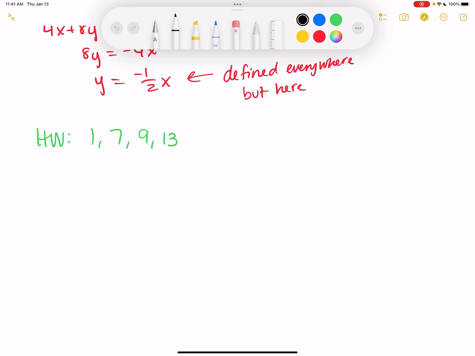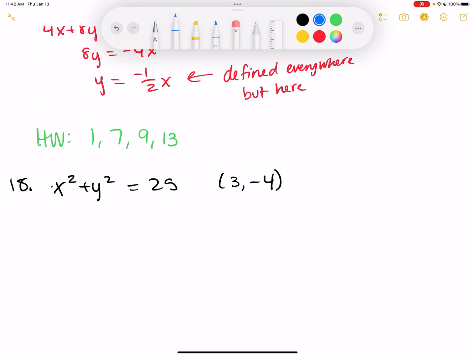So number 18, x squared plus y squared equals 25, and we have the point (3, -4).